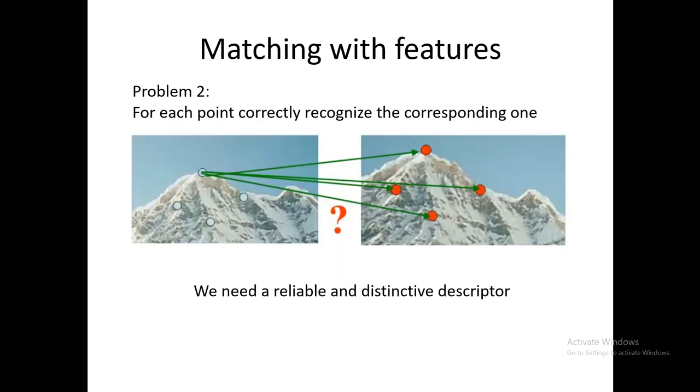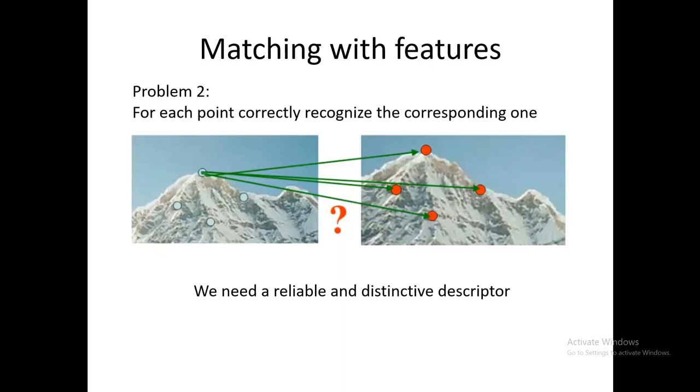So for this we need a reliable and distinctive descriptor. I found four points on the left, and there are four points on the right. Which point is which? I have to do the match.